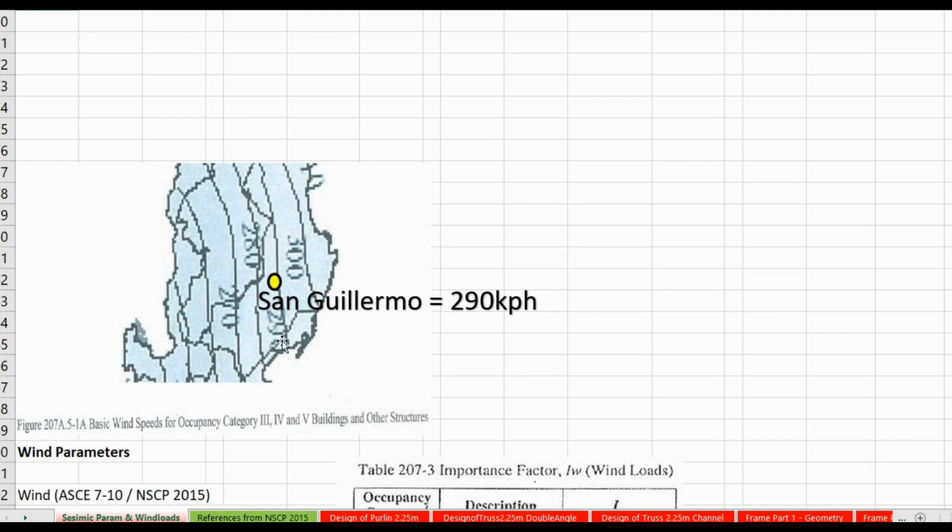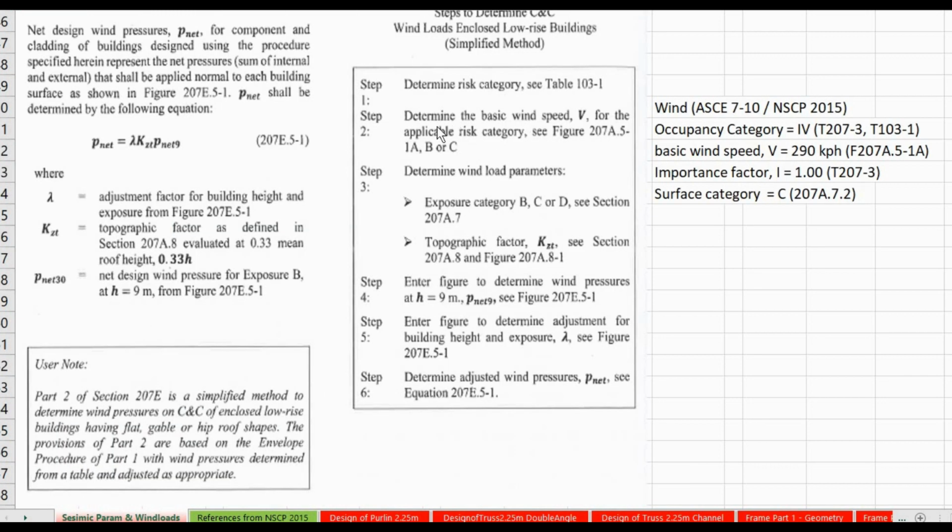So, yan po ang gagamitin nating wind speed V. And then, step 2, applicability risk category, see figure 207A.5, 1A, B or C. Ang ating category ay C. Ito po.